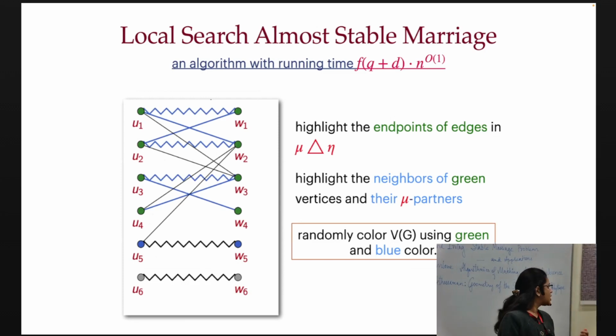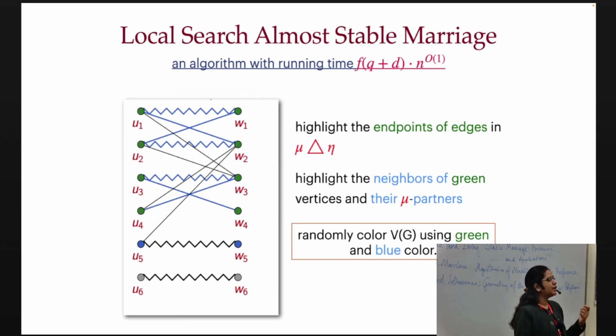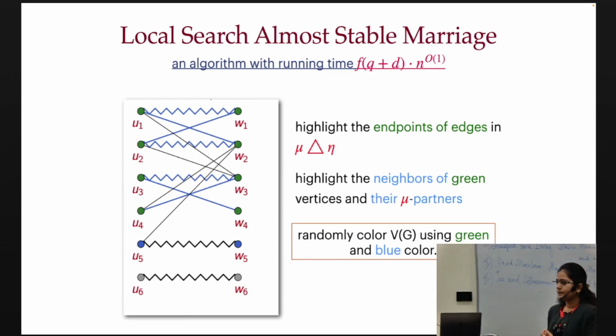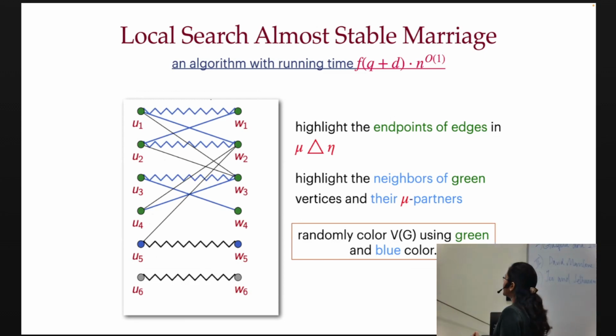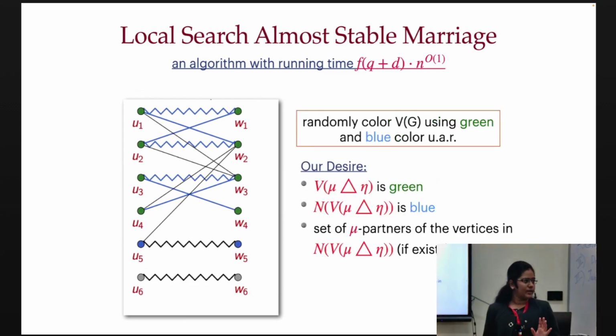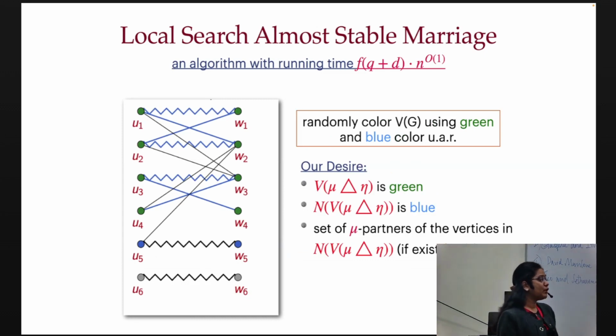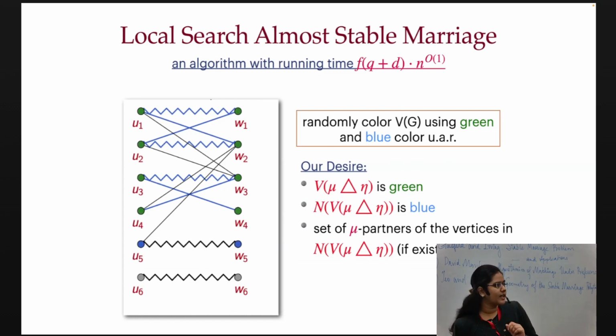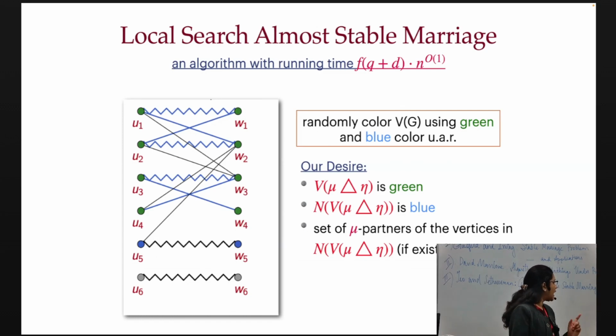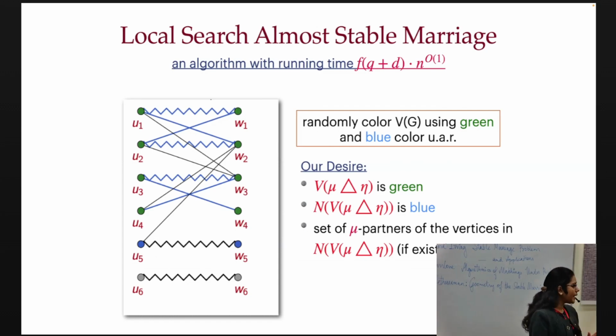But the step is just this: you randomly color vertices using green and blue color, uniformly at random. Now what do we want? What should the coloring do? It should color the symmetric difference vertices using green color. It should color its neighborhood using blue color.